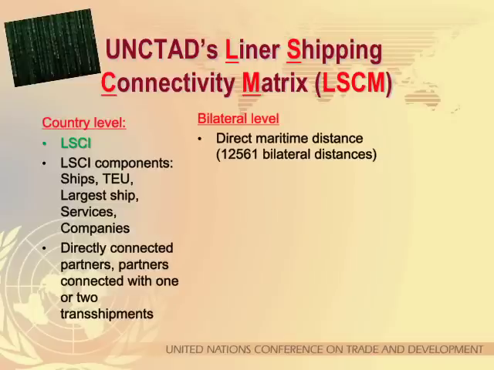Then on the bilateral level, we also have in our database the direct maritime distance from the main container port which UNCTAD identified, to the main container port in the other country. For some large countries we looked at different coasts, like for United States to Japan we take Los Angeles, Yokohama.